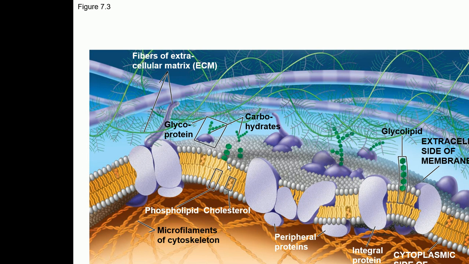It's a part of the membrane, but it is not crossing both layers of the phospholipid. But there are some proteins like this, or this, which are crossing both the layers of the phospholipid bilayer. These proteins are called transmembrane proteins. So transmembrane proteins are those proteins which cross both the layers of the phospholipid bilayer.